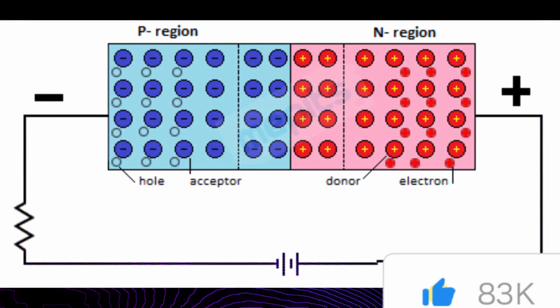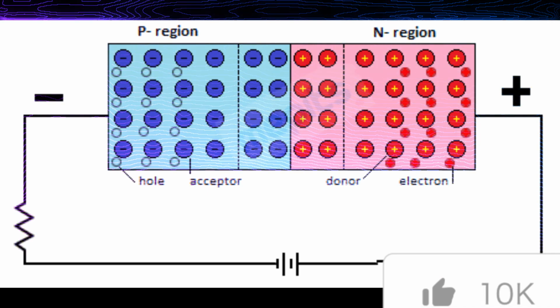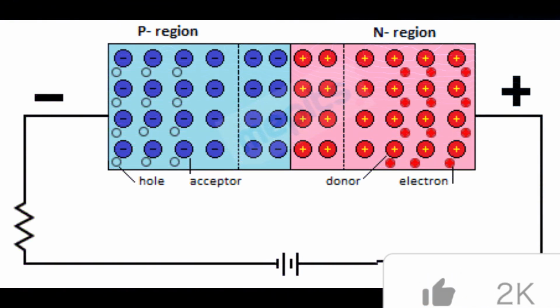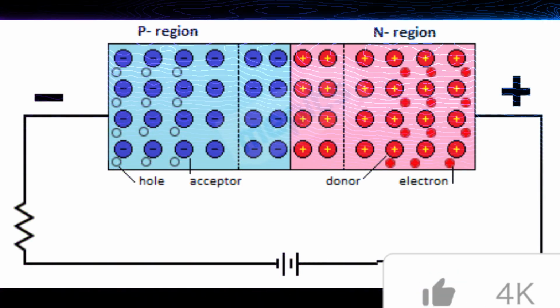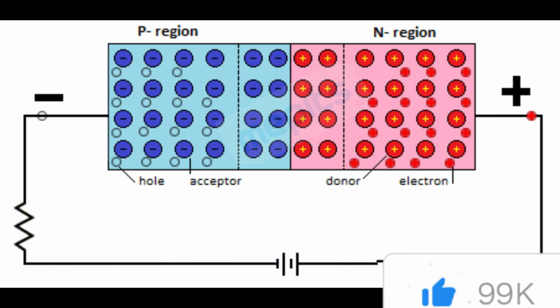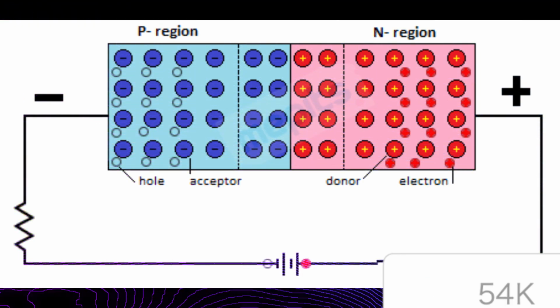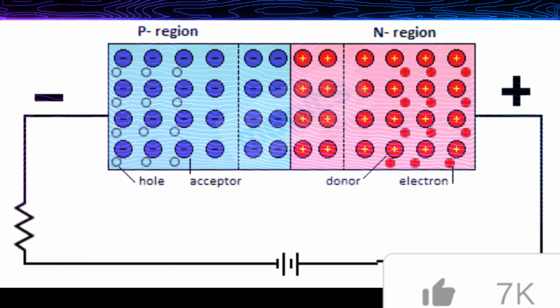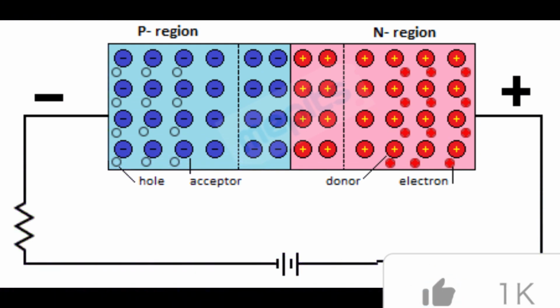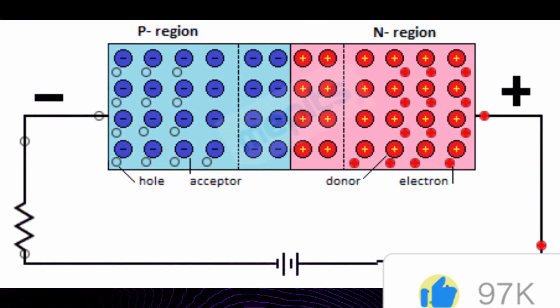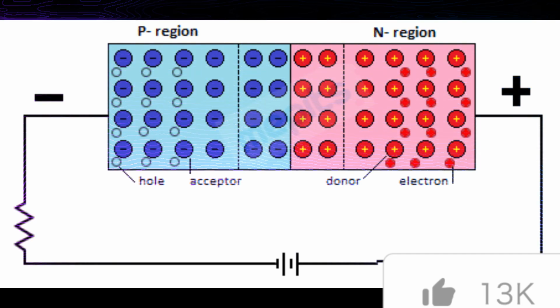Now we're going to talk about how to test a diode. You can test a diode with an ohmmeter. When the leads of an ohmmeter are connected to a diode, the diode should show continuity in only one direction. For example, assume that when the leads of an ohmmeter are connected to a diode, it shows continuity.